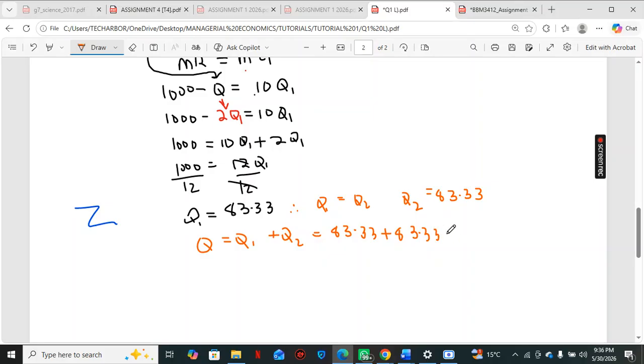That's going to give us 166.66. If one can round off to whole numbers, which we can, we say 167 units. So that is the profit maximizing quantity. Yes. Any questions?